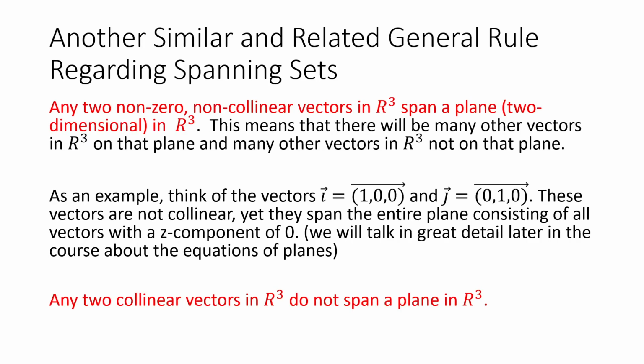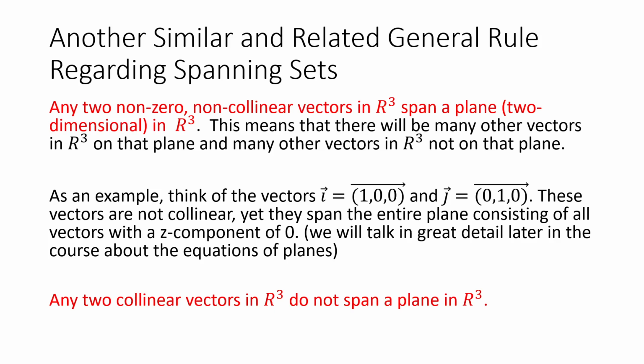Now, another similar related general rule regarding spanning sets. Any two non-zero, non-collinear vectors in R3 will span a two-dimensional plane in R3. So there will be many other vectors in R3 on that plane and many other vectors in R3 not on that plane.